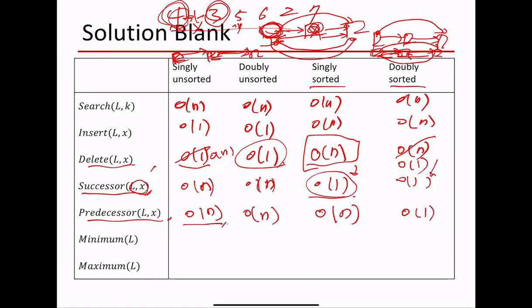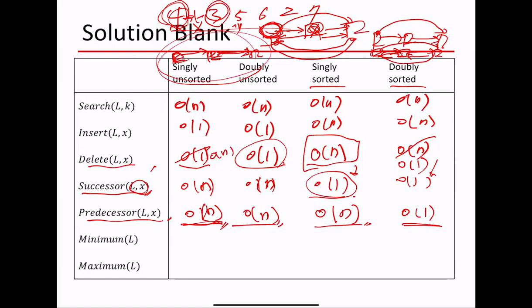For singly unsorted, you have to go through the whole list to find the predecessor, and same for the doubly unsorted. For singly sorted, it's going to be O(n) because it's not linked to it. And for doubly sorted, it's linked to it, so it's going to be O(1).